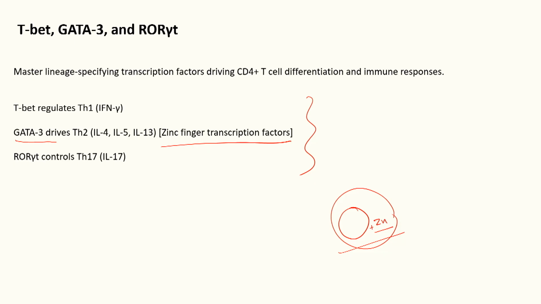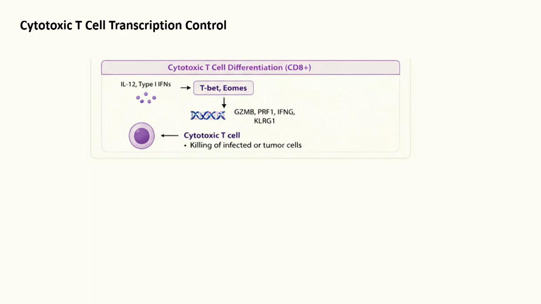So let's look into how things happen in the cytotoxic T cell, or CD8 plus T cell, population. The cytotoxic T cell transcription control happens in a different way, but the initial cytokines are very similar to Th1. In Th1 we could see that IL-12 and type 1 interferon, particularly interferon alpha and beta, are involved here, while in the case of Th1 it was interferon gamma.